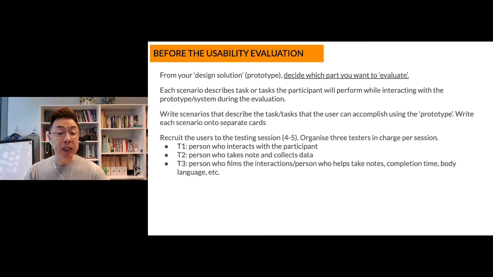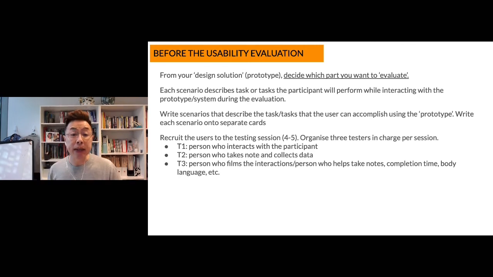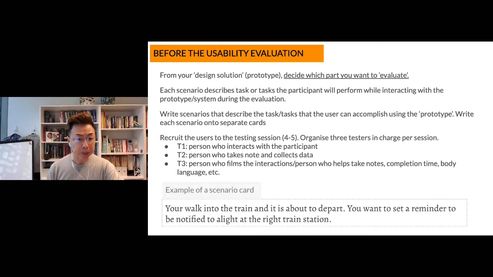Tester 2 is the tester who will be in the same room, sometimes in a one-way mirror room, but that person will be taking notes and collecting data about what's going on. And the third person, T3, also doesn't interact, but would basically be filming or helping T2 to take notes and also look at the completion time of the task and maybe even observe things like body language.